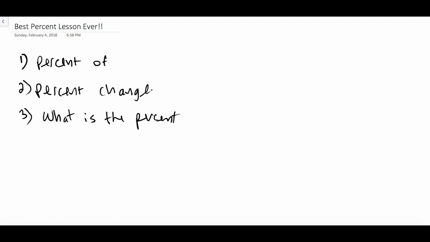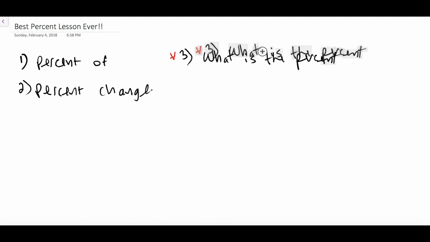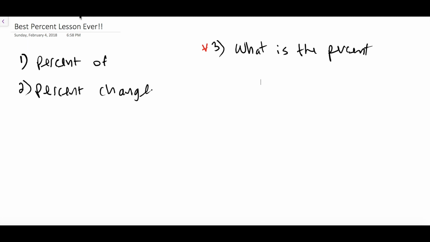So this one is kind of like the weird one. It's not really weird, but it's one that you know how to do already, and we're not really going to talk much about it. That one just means, let's say you're taking a test and there's 120 questions on it. Unfortunately, the Super Bowl party was the day before the test.